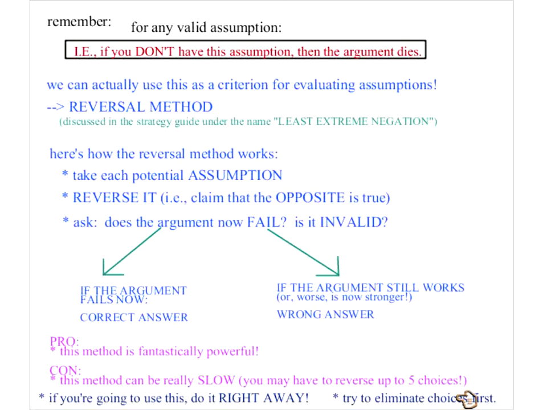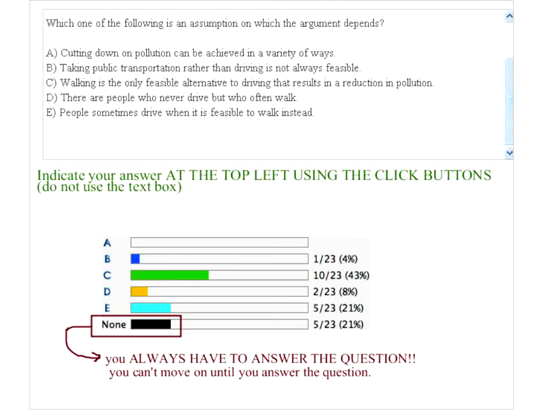And then when you have some contenders left over, try to use this reversal method. So for instance, in this problem, nobody picked A, so you don't have to try the reversal method on A. You can look at A and tell that it doesn't help. So there you go. Try your hand at the following problem using all of these methods that you've got.